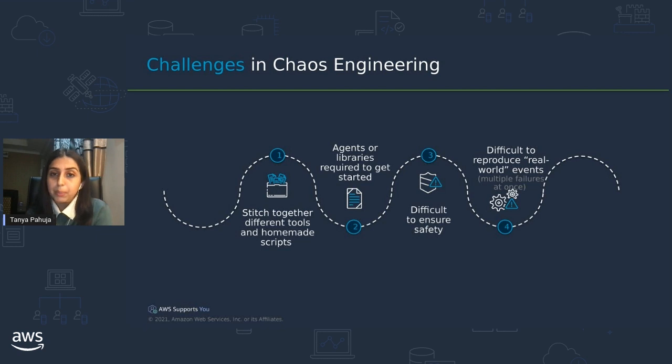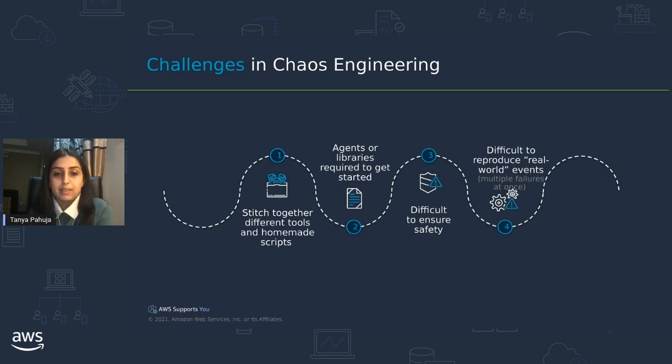It could also happen that additional scripting may be required, which can lead to issues in getting up and running with chaos engineering. The other challenge is the compatibility of the required libraries or agents for these open source tools.